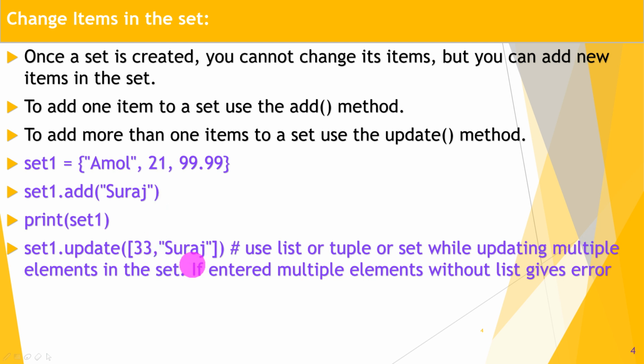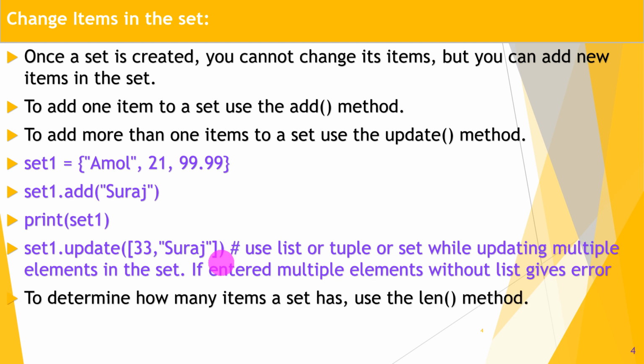But guys, one problem is there. You cannot insert only 33, 44, Suraj, etc. You have to insert them using a different type of collection, either a set, list or tuple. Great. I will explain that concept further on.